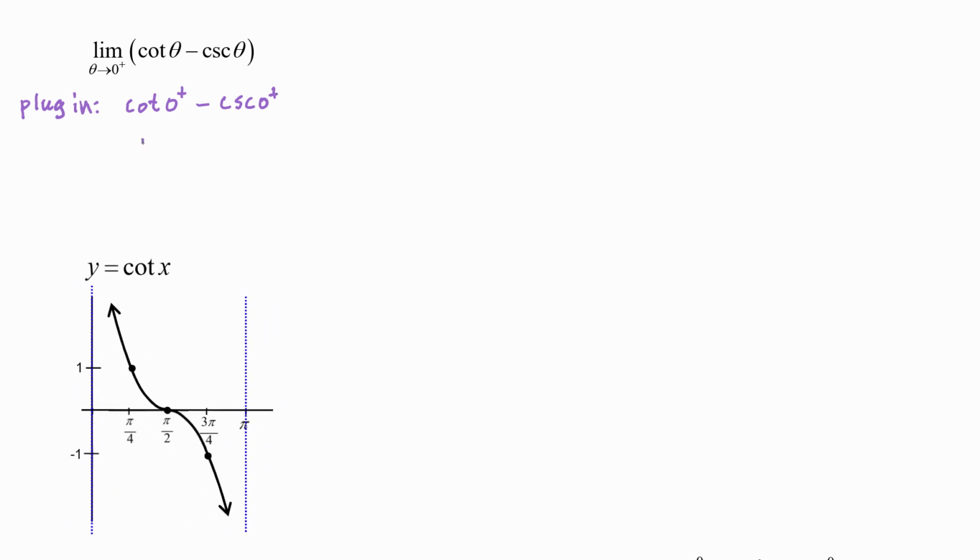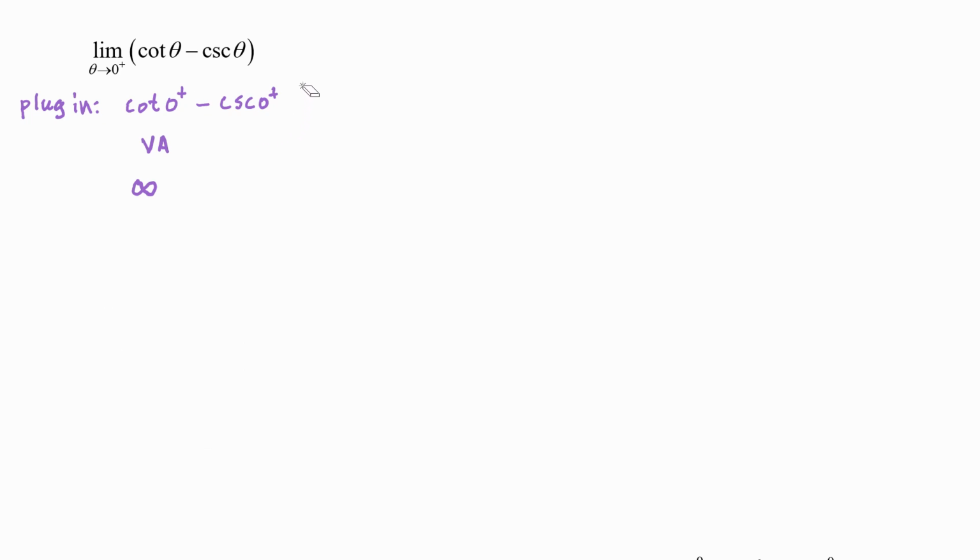Now we know there's a vertical asymptote at x equals 0 on the graph of cotangent, and when we're coming into 0 from the right, we can see that the graph is going off to positive infinity.